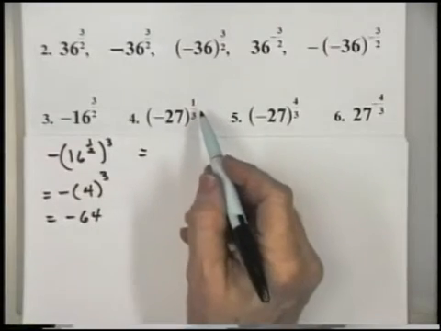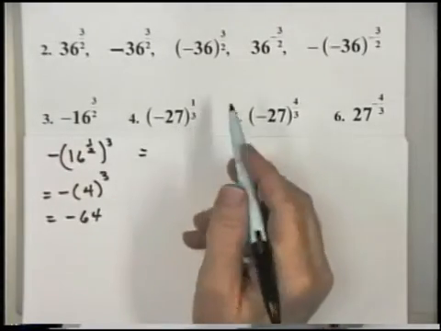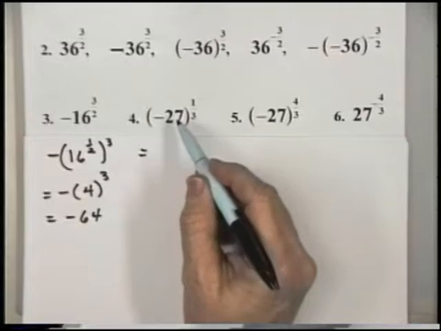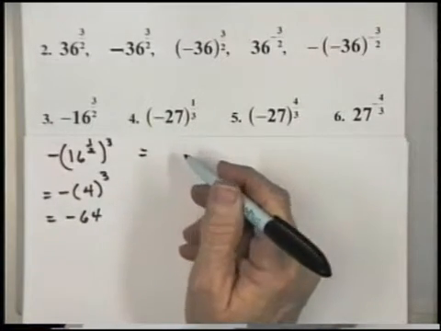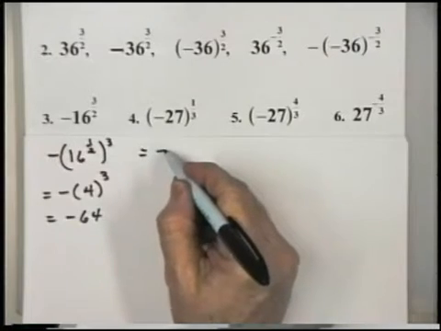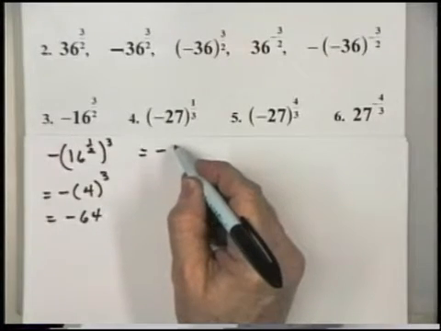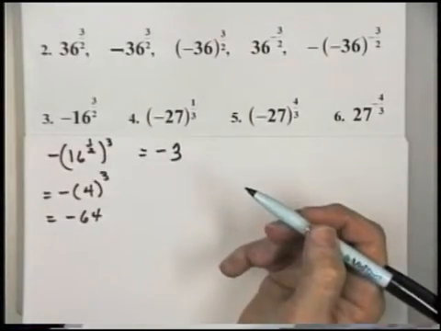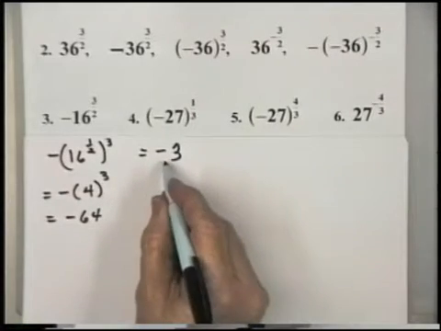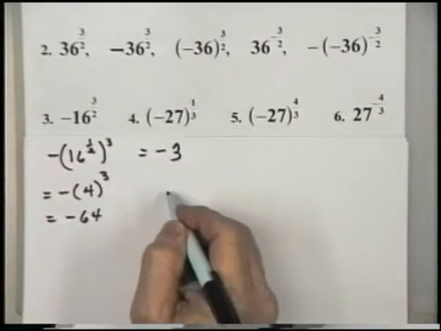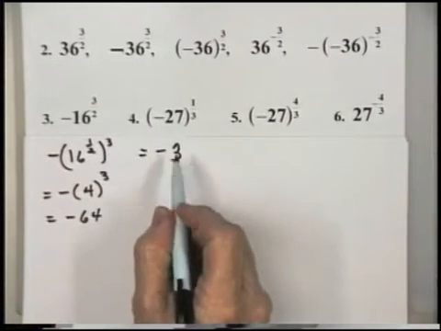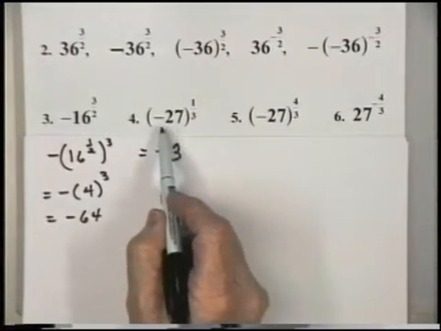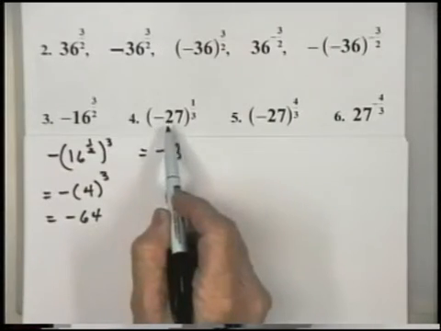The negative 27 raised to the 1/3 power, or the cube root of a negative 27. We're looking for the real number that you cube to get a negative 27. It's got to be negative, doesn't it? Negative 3. Again, if you're not sure, you can always check yourself afterwards, if that's the number you cube to get the base.